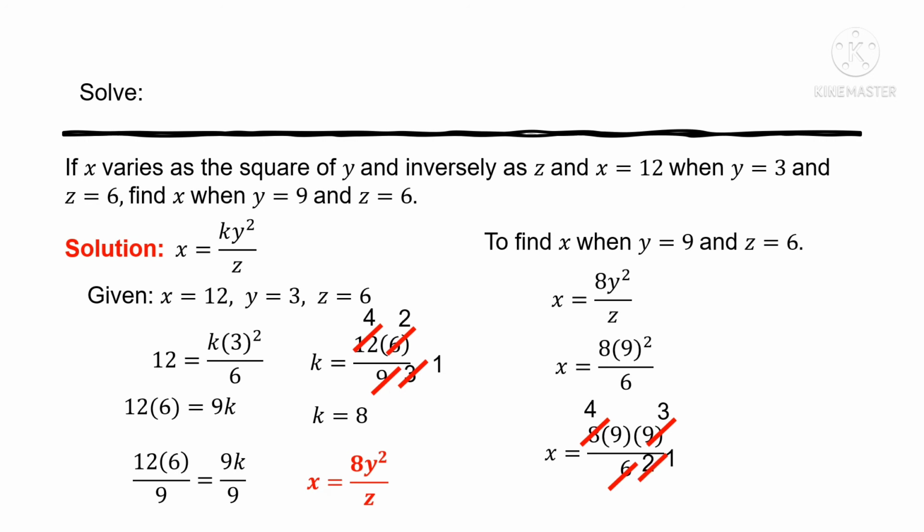Then, yung 2 divided by 2 is 1. Kaya yung natira sa numerator ay 4 times 9 times 3. Sa denominator naman ay 1. Kaya 4 times 9 times 3 is equal to 108. So 108 is the value of x when y is 9 and z is 6. So ito yung sagot sa problem na ito.